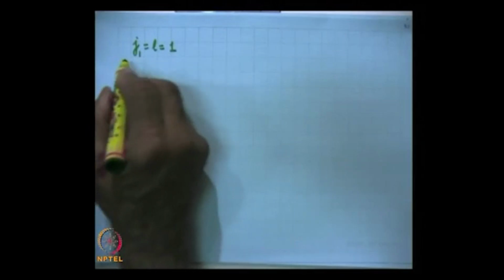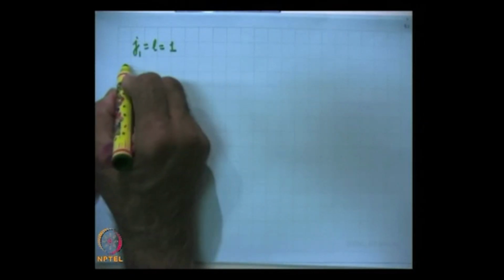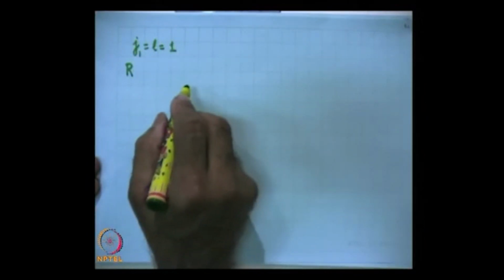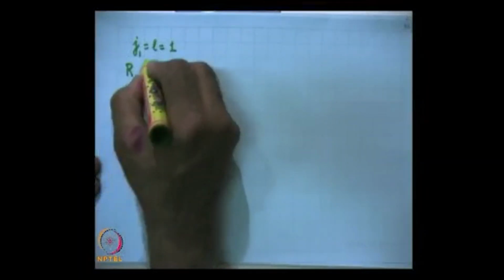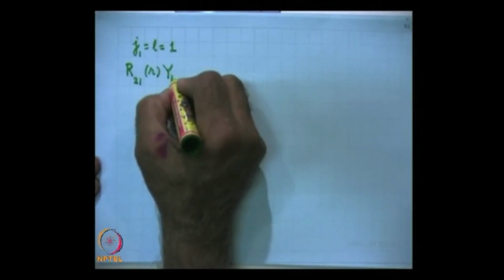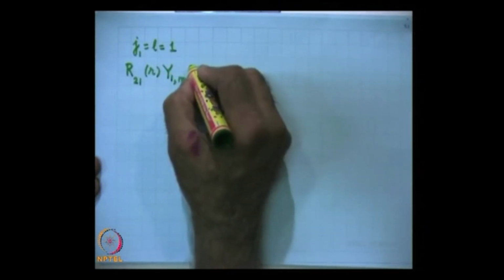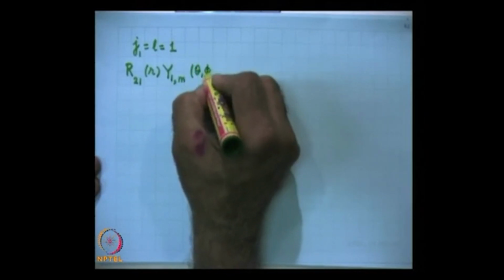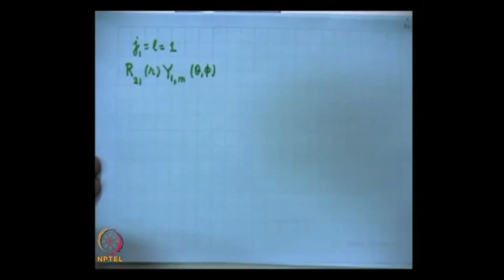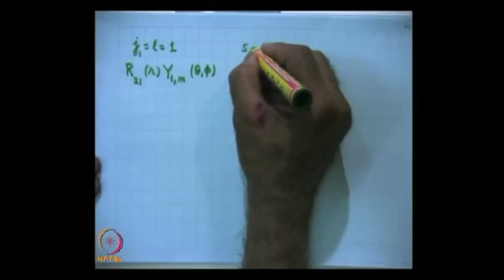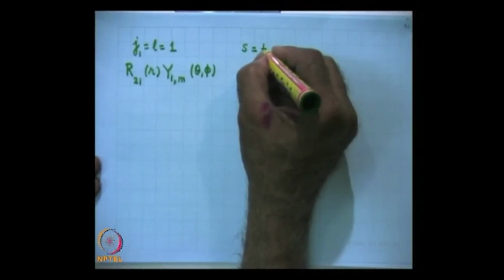As we know, the hydrogen atom wave functions for the n is equal to 2 state are R n l, that is R21 of r, Y1 M of theta phi, where M can take values 1, 0 and minus 1, and then you have the spin up, S is equal to half.